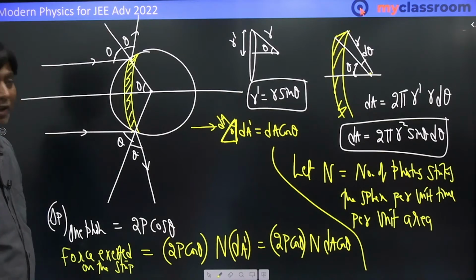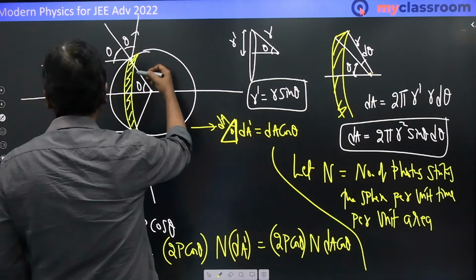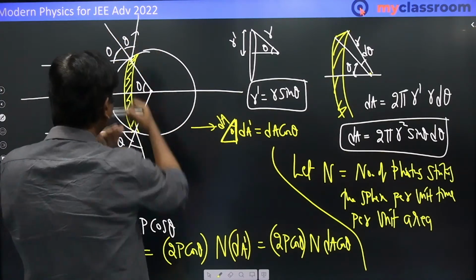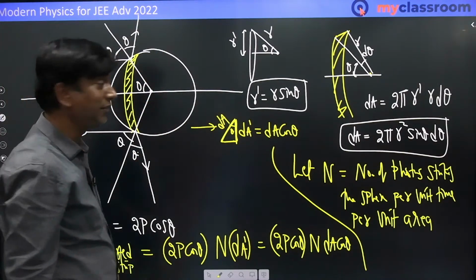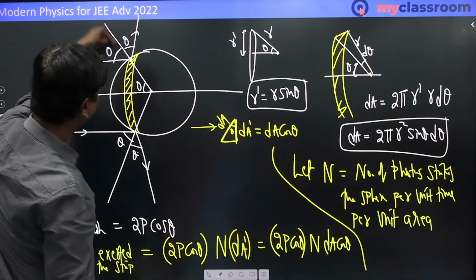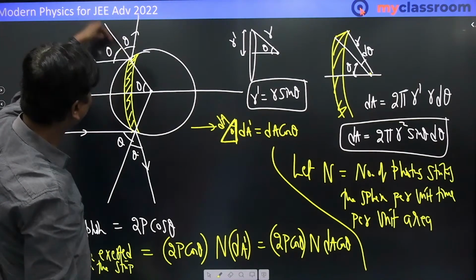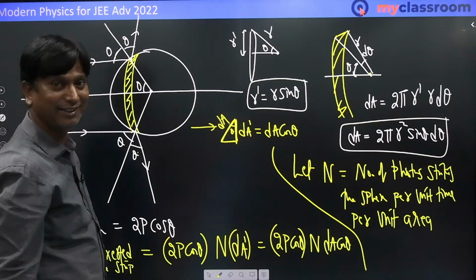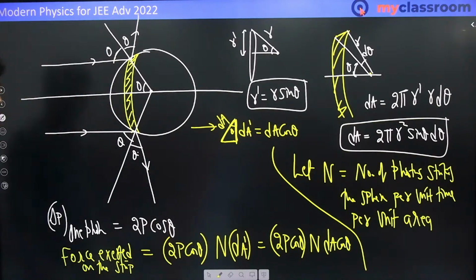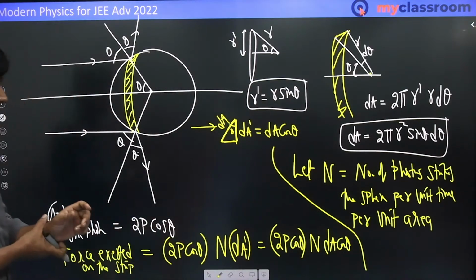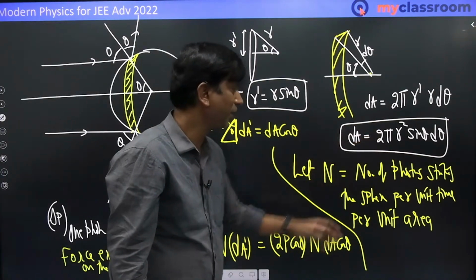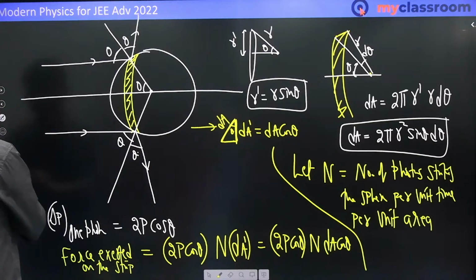This is the force exerted by all these photons on this strip. They will exert the force in this direction, not like this. So 2p cos theta into n into dA cos theta. Now substitute for dA: 2 pi r square sin theta d theta.